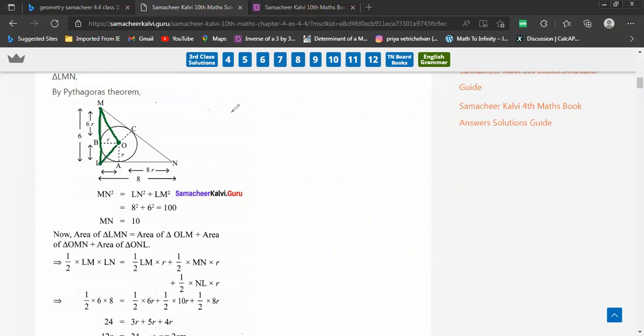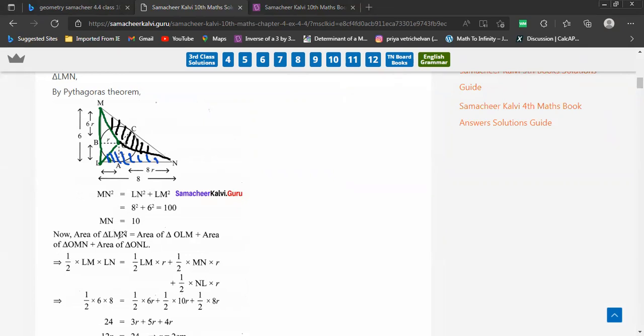This is OLM. Area of OMN, this triangle is OMN. Area of ONL, I mean, this. They are not right angle triangles, just a triangle. So we'll be able to notice 3 triangles inside a single triangle.